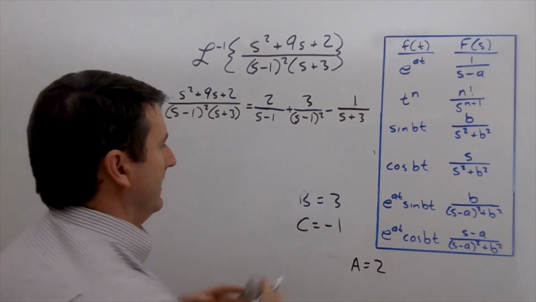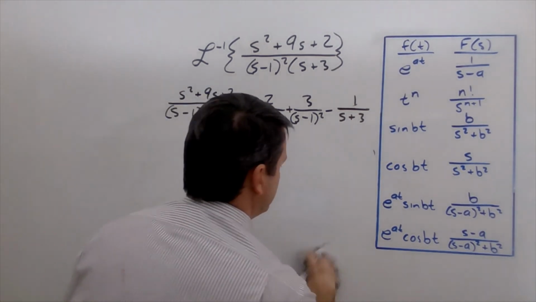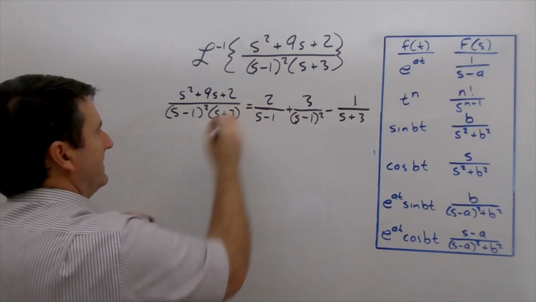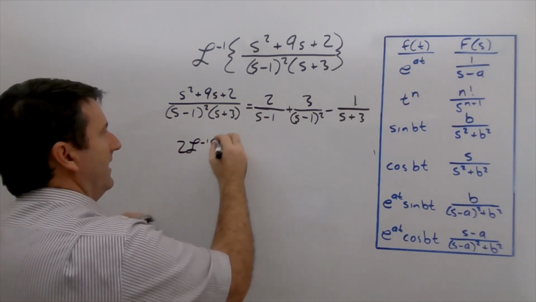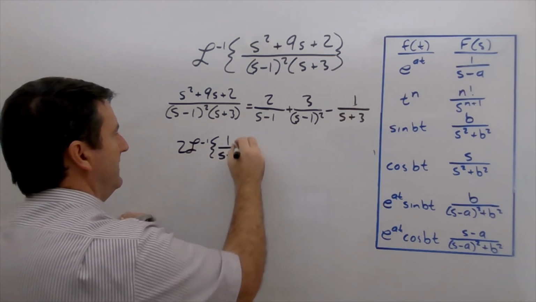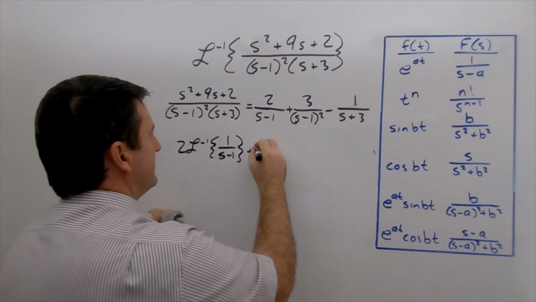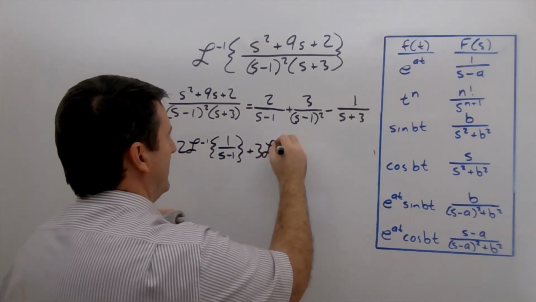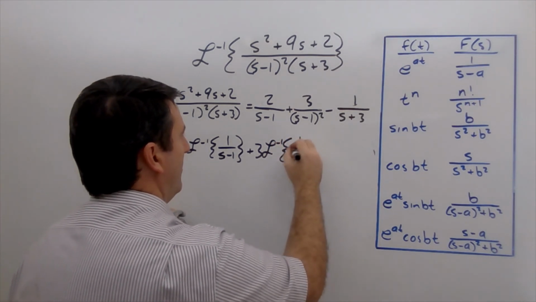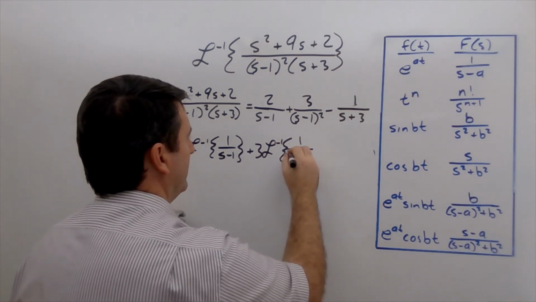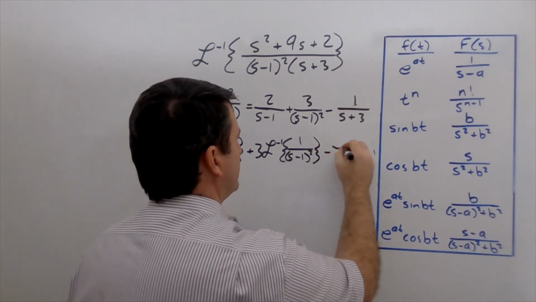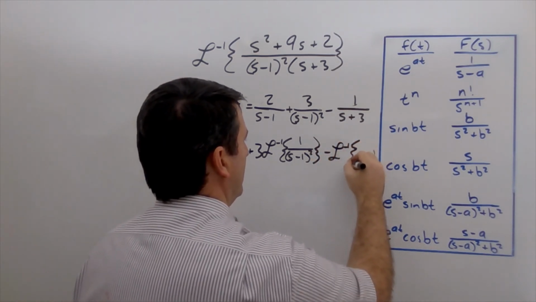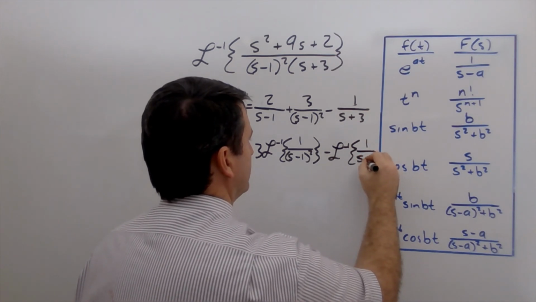All right, now we can find the inverse Laplace transform of this. This is equal to 2 times the inverse Laplace transform of 1 over s minus 1, plus 3 times the inverse Laplace transform of 1 over s minus 1 squared, minus the inverse Laplace transform of 1 over s plus 3.